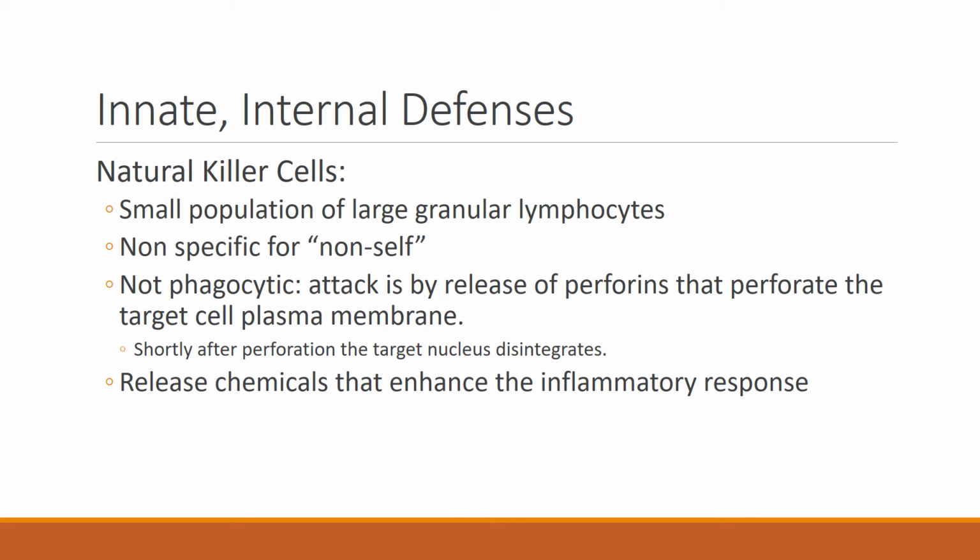There are two main types of targets that these cells are looking for. The first are virus-infected cells, and the second, cancer-infected cells. They attack and kill these target cells directly after they bind to them. So no phagocytosis with these types of cells.